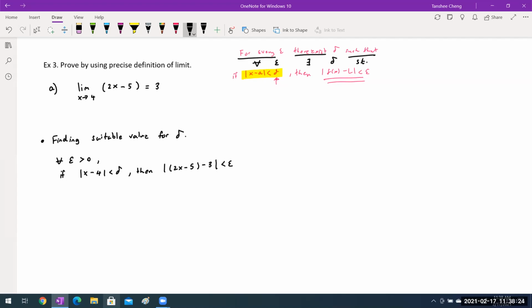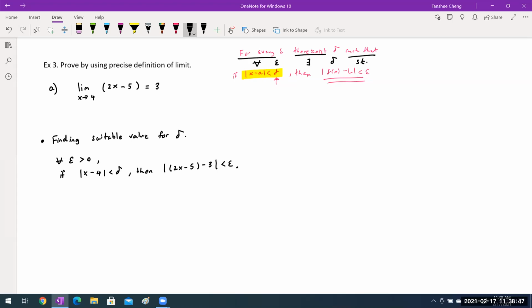So right here, we are looking for a suitable delta. So we're going to try to use the conclusion part. That's the cheating part that I'm talking about. The conclusion part is used to find out what possible suitable delta we should be using.